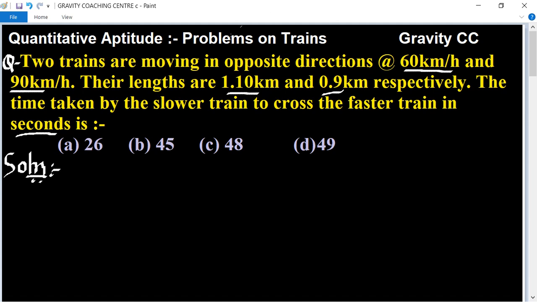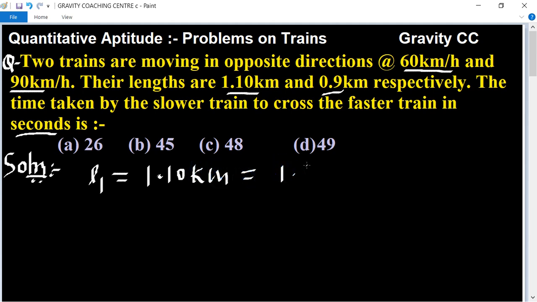So in this question, first, let L1 be the length of the first train, which is 1.10 kilometers, and now it is changed into meters.